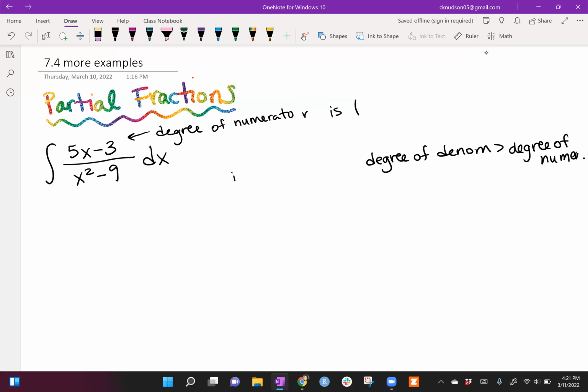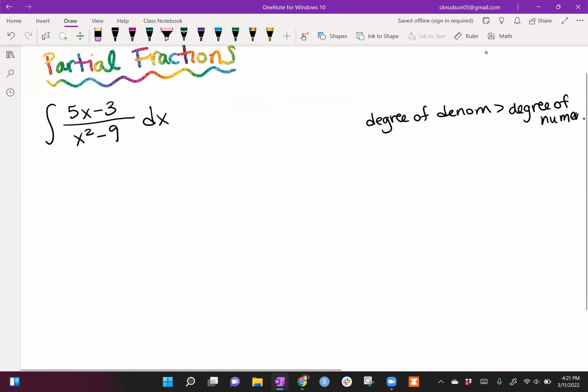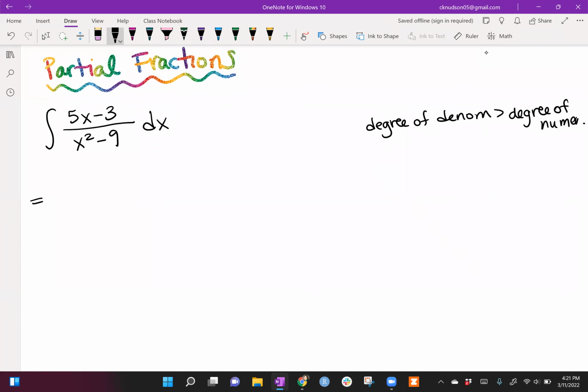Okay, so now that we know that we can use partial fractions on this, let's talk about how we'll do that. First thing that's useful is to factor the denominator. So let's factor this into x plus 3 times x minus 3.